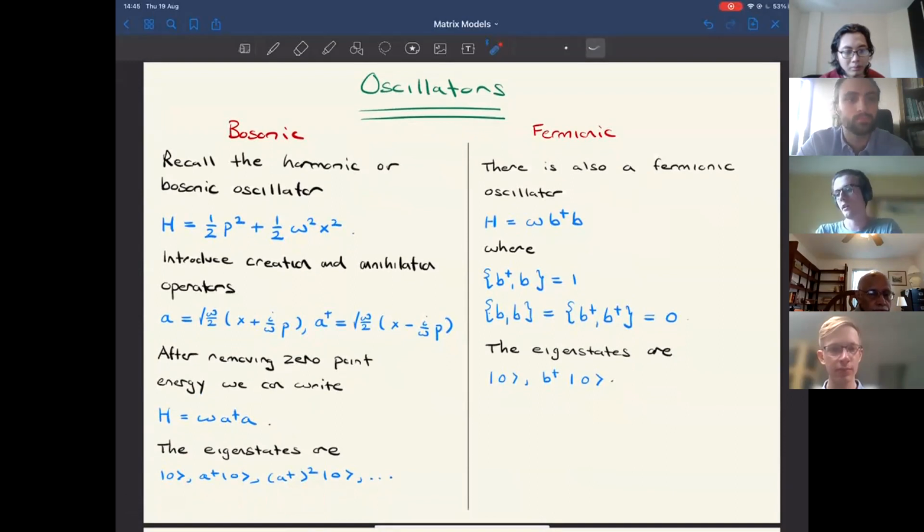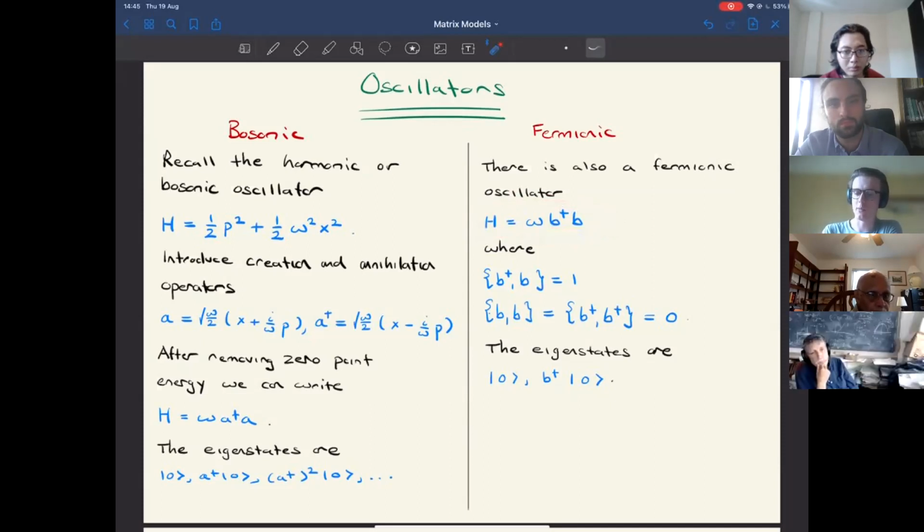Okay, and there's an analogous oscillator called the Fermionic oscillator, which is just the qubit system. The Hamiltonian comes like this, but instead of B and B dagger satisfying the commutation relations that A and A dagger satisfy, they satisfy anti-commutation relations. So that's what this curly bracket here means.